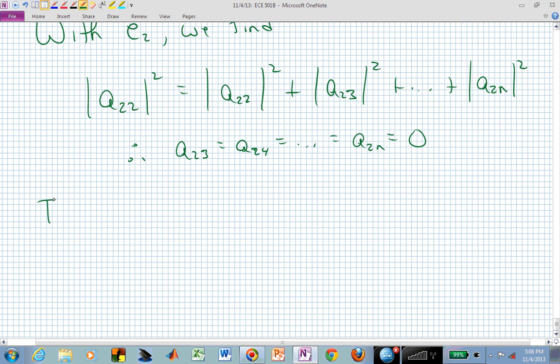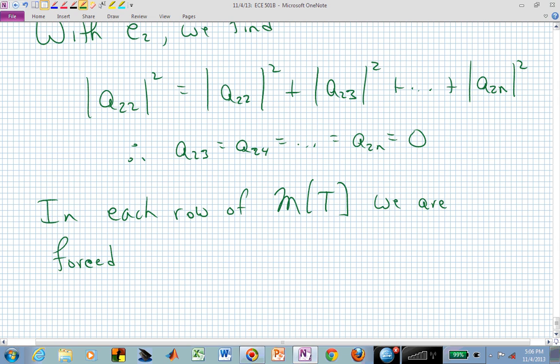And that's true in all of the rows of this matrix representation of T. So we're actually forcing the issue.